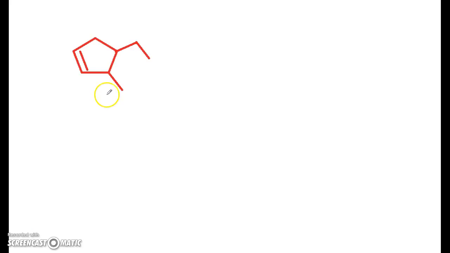Okay, so this molecule has a cyclic structure, and in fact it has a double bond, but the key point here is it has no benzene rings.